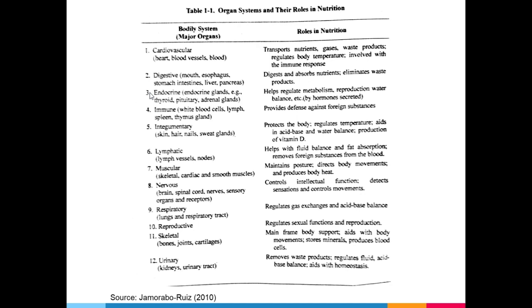But if mubo ang calcium levels, ang gina-produce sa body is parathyroid hormone para mo-normalize, mobalik sa normal si calcium levels. So, therefore, these hormones are very important in the handling and processing of nutrients in the body.